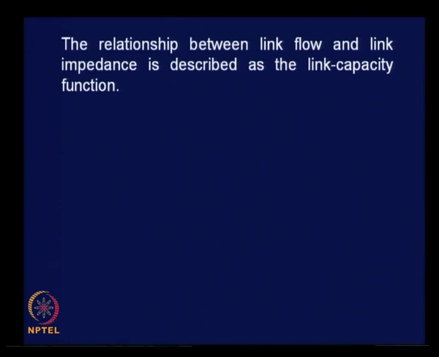The relationship between link flow and link impedance is described as a link capacity function. The key to this process is the understanding of the relationship between link flow or link volume and link speed. So, when you assign some traffic flow onto a link, subsequently the speed is going to be less and the involved travel time is going to be more.